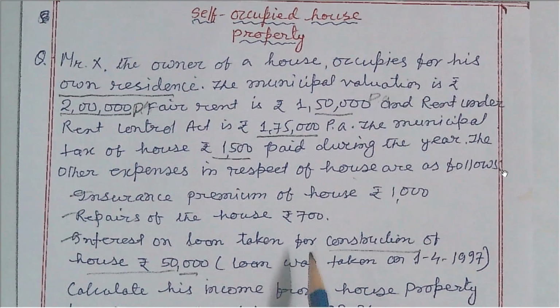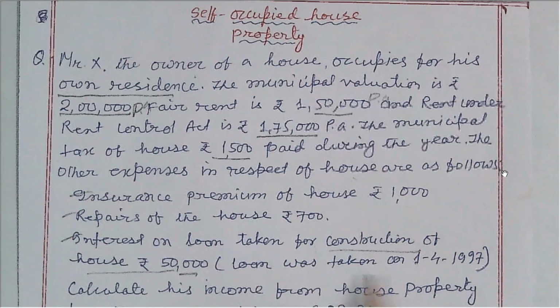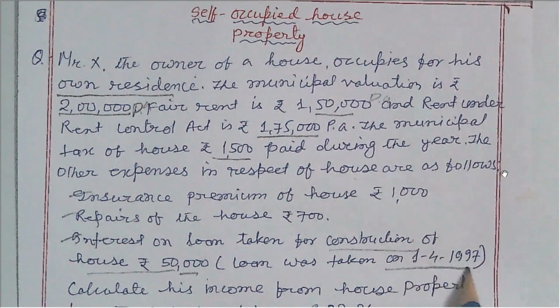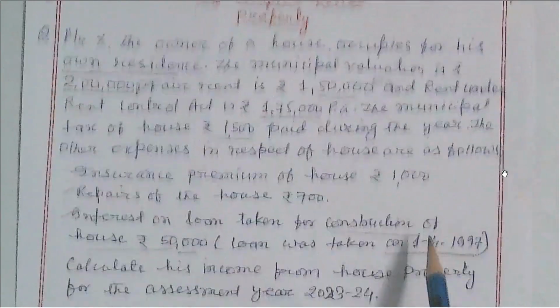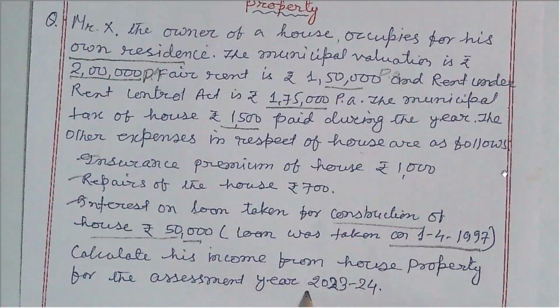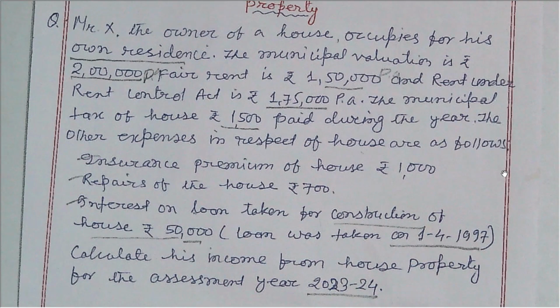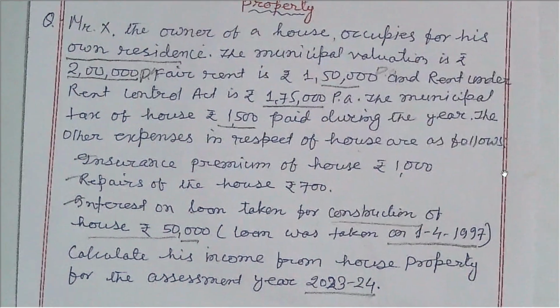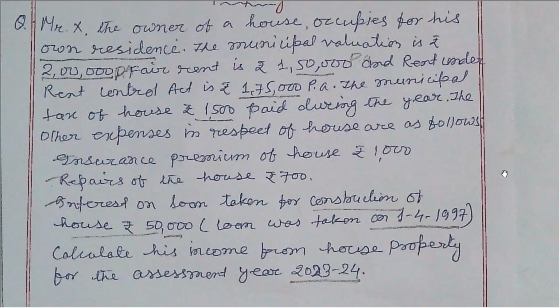An important date is here: the loan was taken on 1st April 1997. Calculate the income from house property for the assessment year 2023-24.